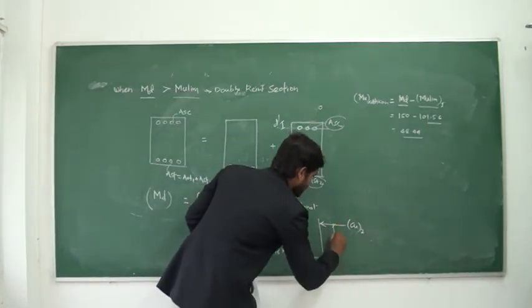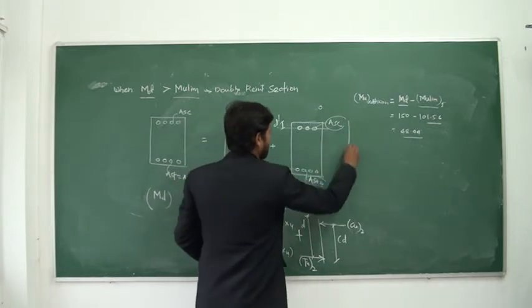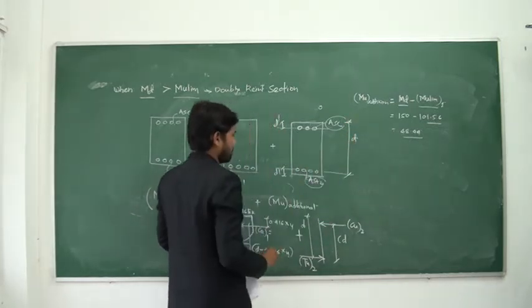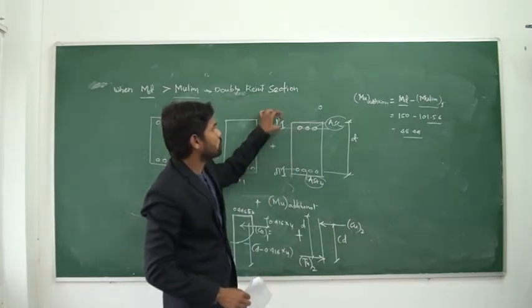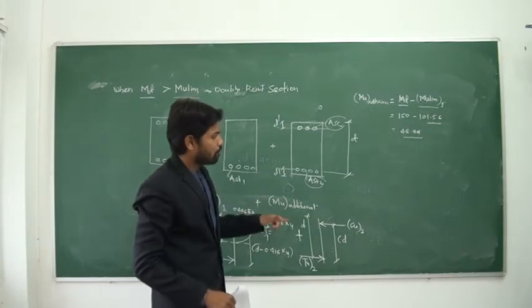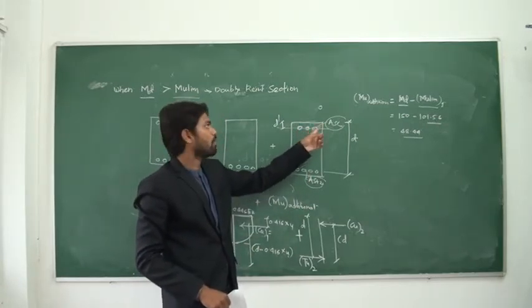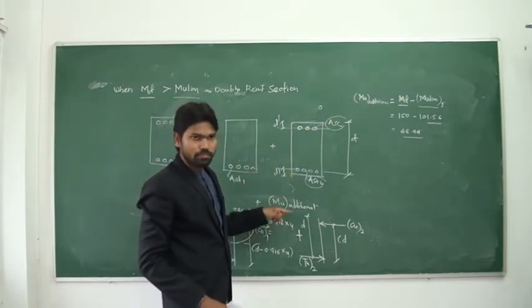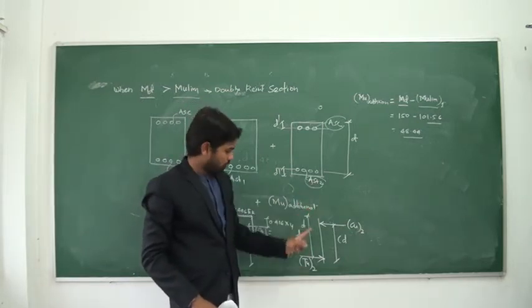This is the effective depth d, and the center of reinforcement is at d dash. At the same point an additional compressive force will be developed by the ASC, and at the center of reinforcement from the bottom a tensile force will be developed by this AST2.